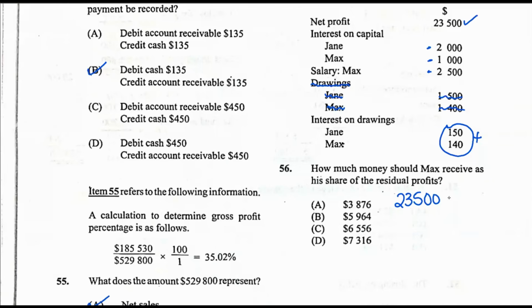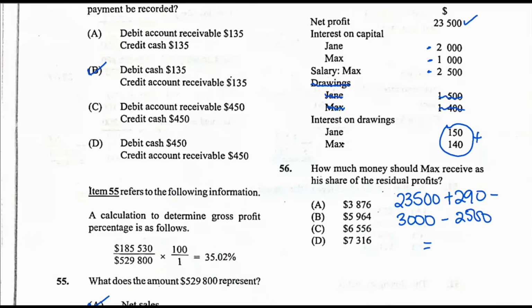So 23,005, the interest on drawings, which was 290. Now you subtract the interest on capital, which is 2,000. Actually 3,000 here. Then subtract the salary, which is 2,500, and that will give you the balance of profit that has to be shared amongst the partners.